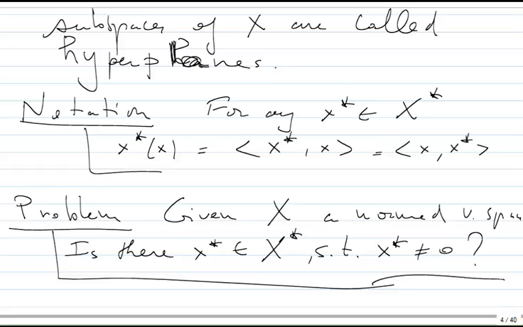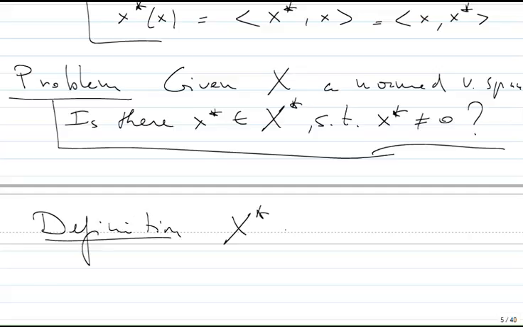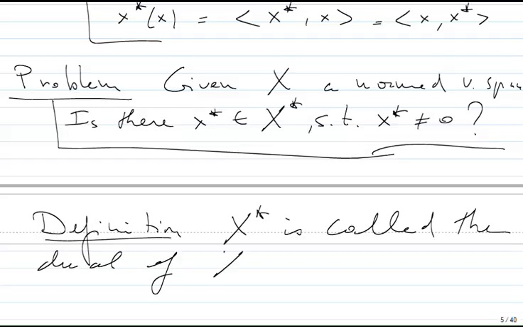Okay, I just mentioned the word, so let's just do a definition. I should have done it before, but so, definition: X star is called the dual of X. Okay, so if X is a normed vector space, we know that X star is always a Banach space, from what we learned before.